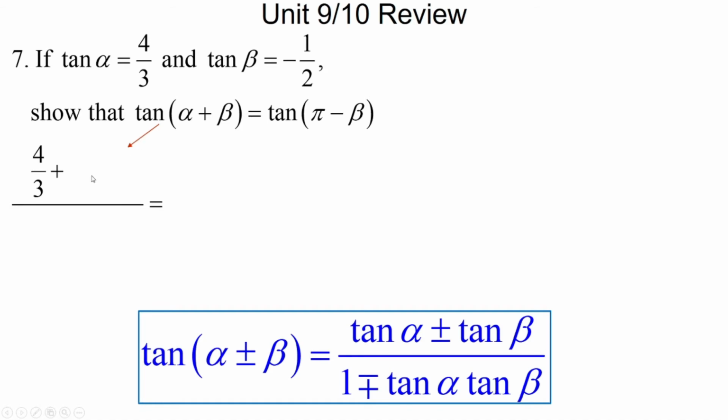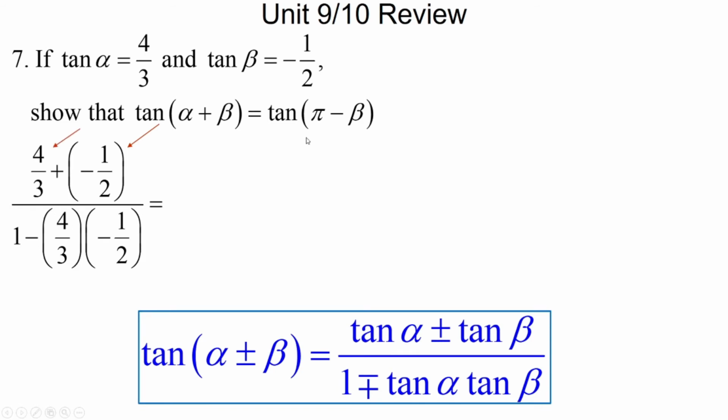And then I have my tangent of beta, which is the negative 1/2. Over 1 minus, and then I have tangent of alpha times tangent of beta, which would be 4/3 times negative 1/2. Okay, so we'll simplify that in a second. Let's play with the other side.